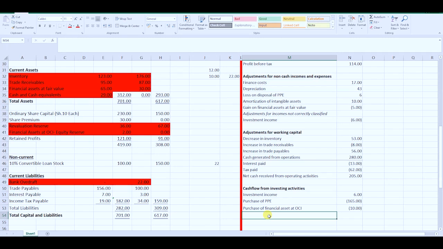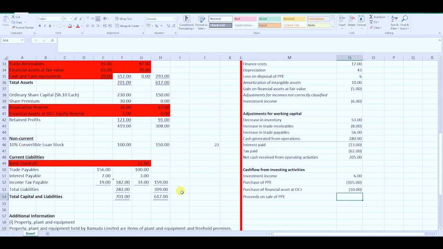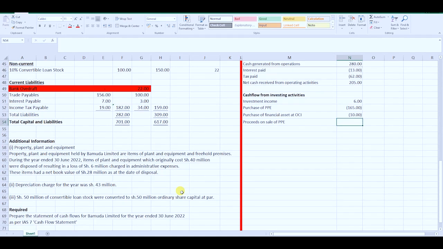on sale of PPE. Proceeds on sale of PPE will be given based on the additional information. Additional information number 1.